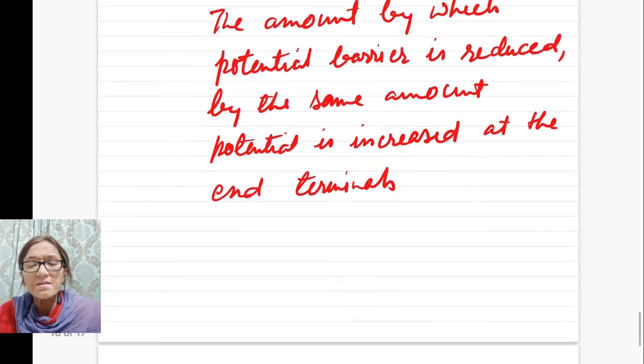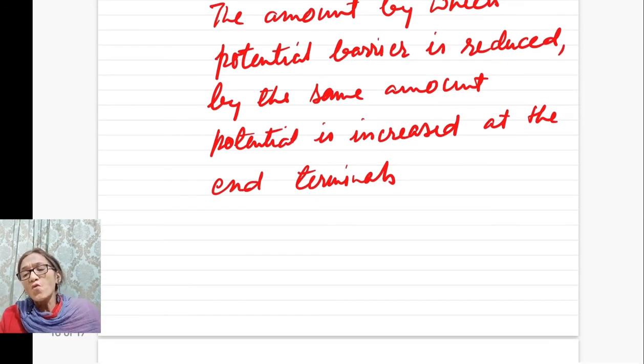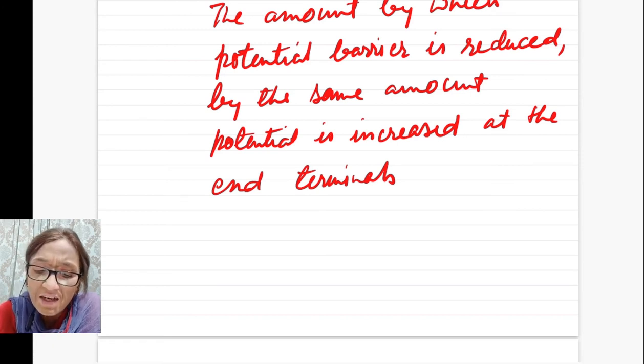And this potential is called photovoltaic EMF or photovoltaic potential.